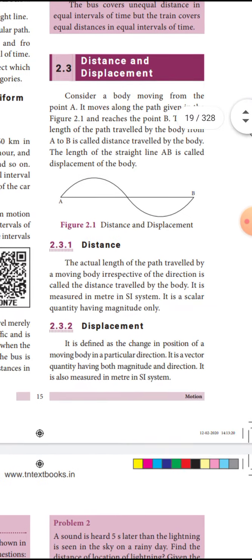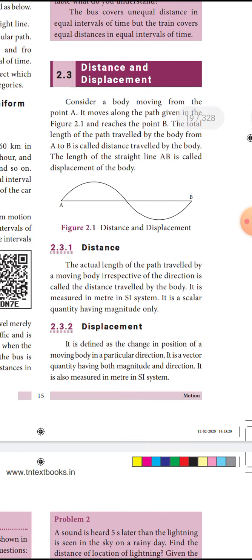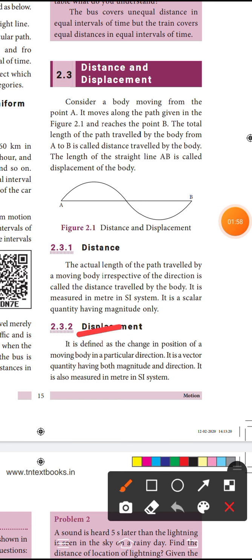Next, look at the displacement. It is defined as the change in position of a moving body in a particular direction. It is a vector quantity having both magnitude and direction. It is also measured in meter in SI system. Displacement is one of the change in direction.